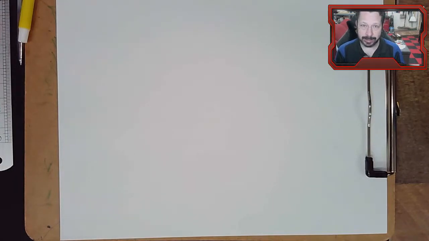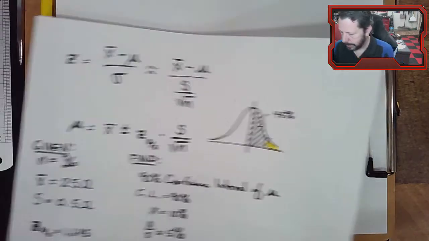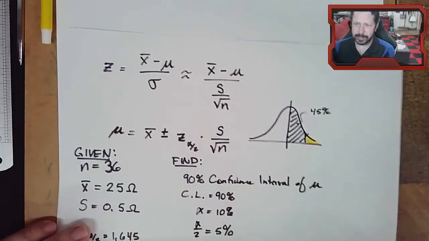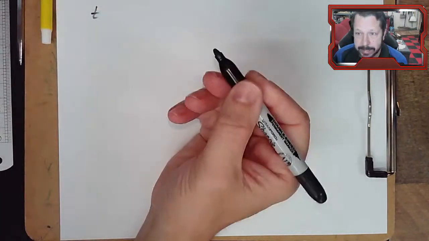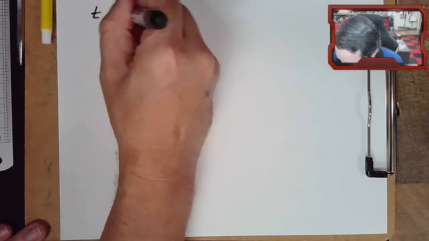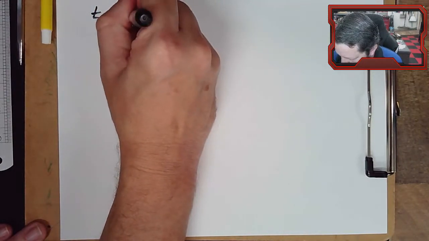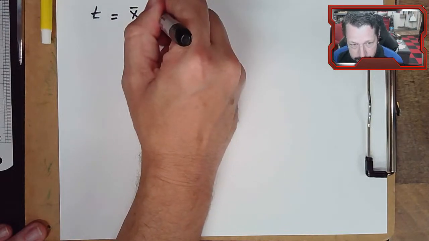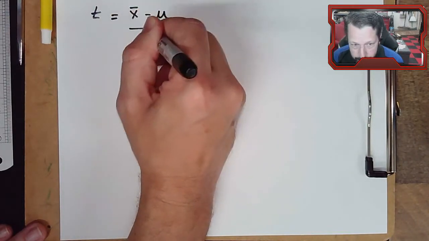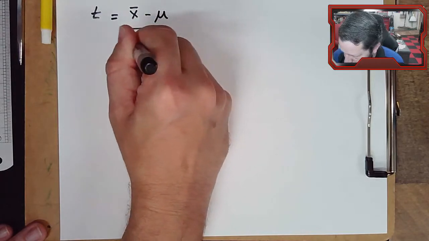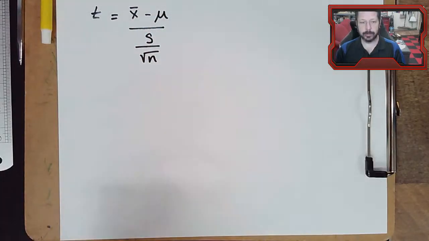And when we have to approximate a normal distribution, we use the t-test, or the student distribution. We didn't do a lot with that, but we did talk about it. So for Z, we had this equation. There's a similar one for T. It actually looks identical, except it says T. T equals sample mean minus population mean over sample standard deviation divided by square root of the number of samples.